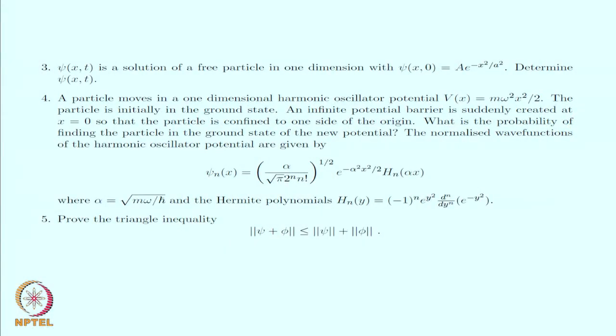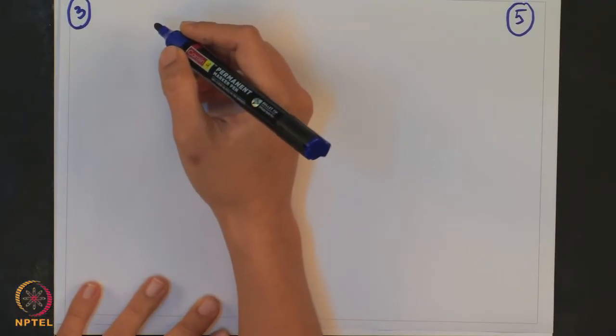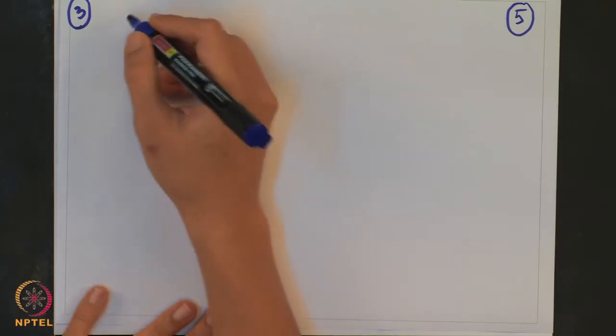Okay. So, now we go to the next set of problems, that is the third problem. In problem 3, let me just recollect the first tutorial. In that we had calculated the time dependent wave function for a particle in one dimension.